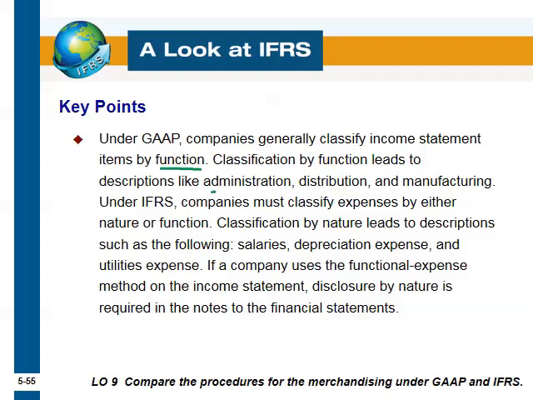Function will be things like administrative costs, distribution costs, manufacturing costs. But under IFRS, they can use function or nature. Nature is the descriptions of things, salaries, depreciation, utilities, as opposed to administration, distribution, etc.